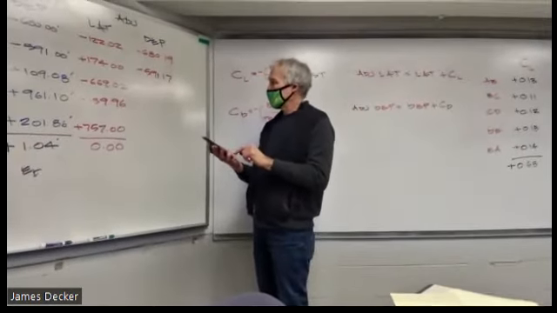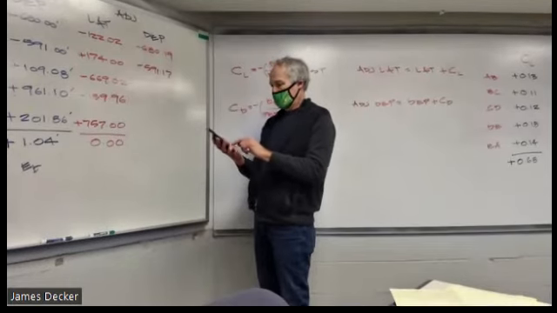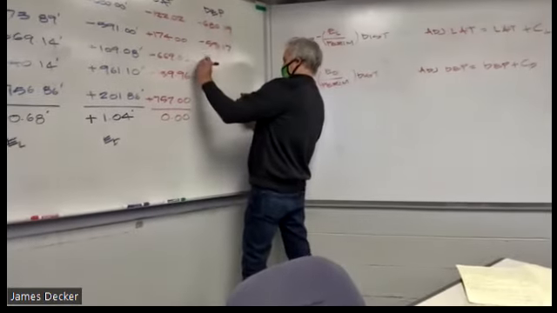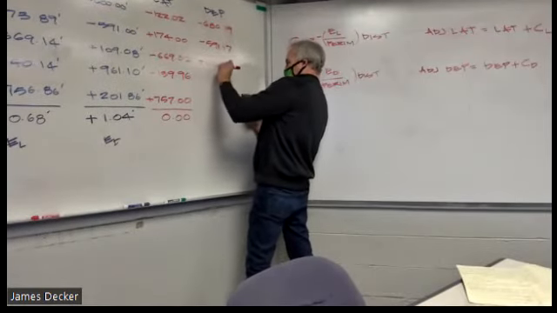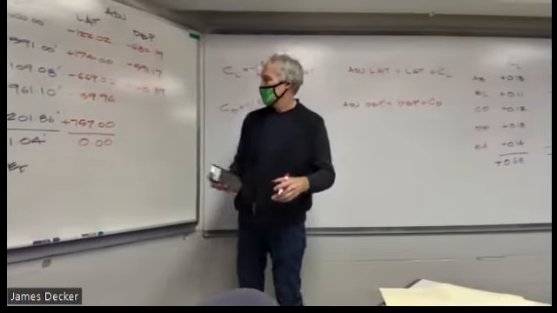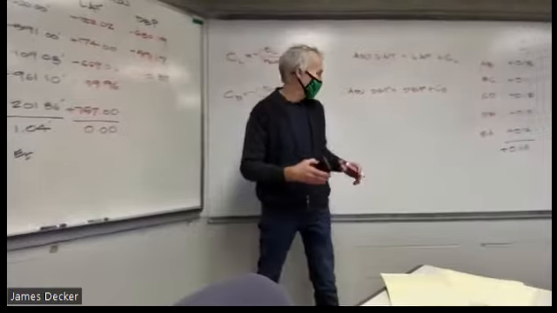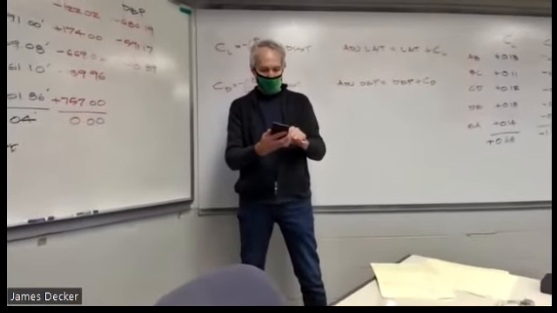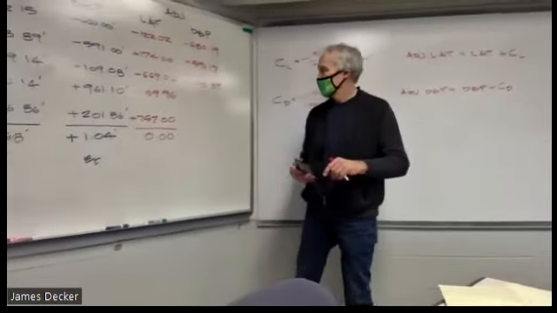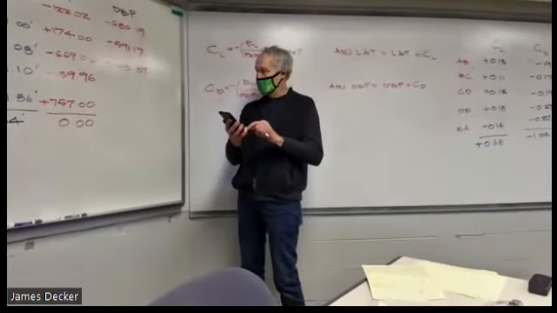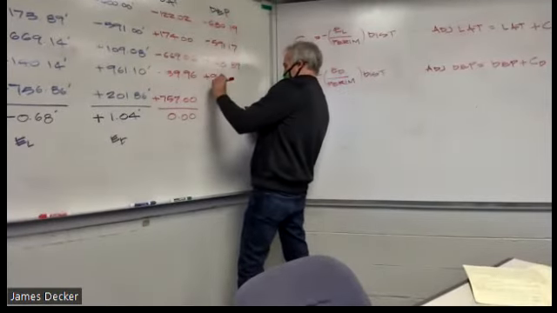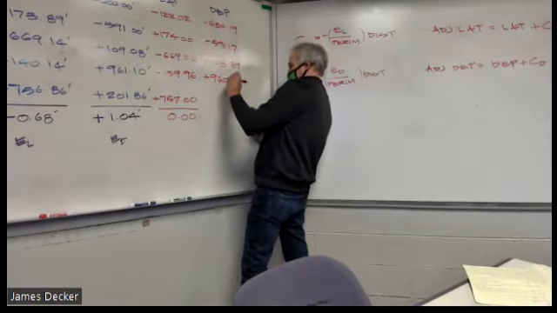Minus 0.19 plus 109.8, so go to a plus 108.9. We have, let's see, what else? Negative 27 plus 961.10 gives me a positive 960.83.